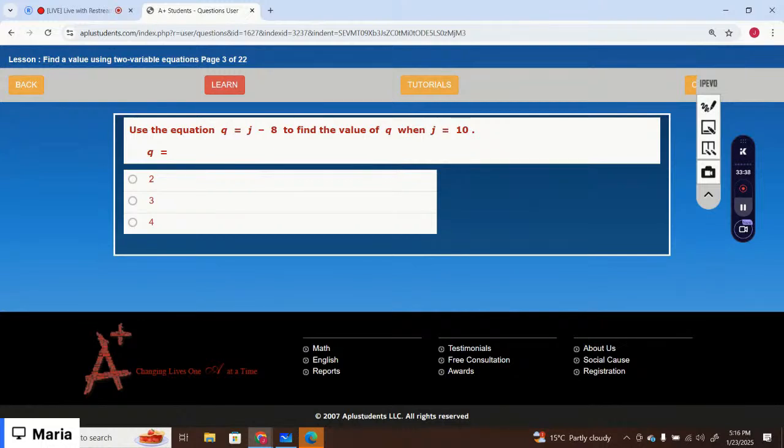Use the equation q equals j minus 8 to find the value of q when j equals 10. So which is the correct option?